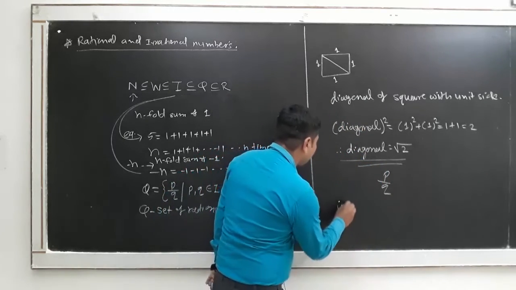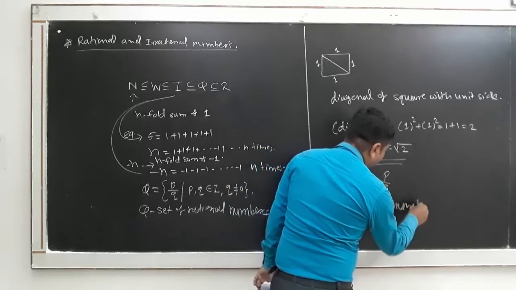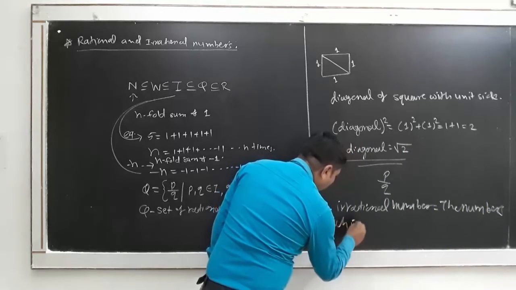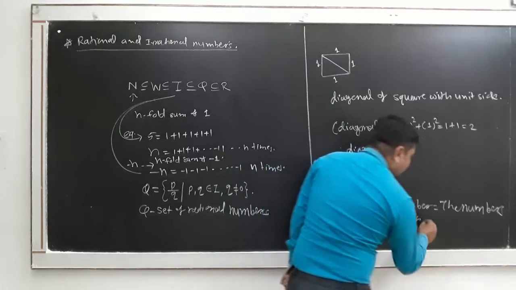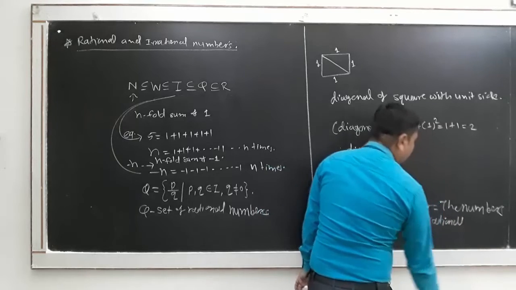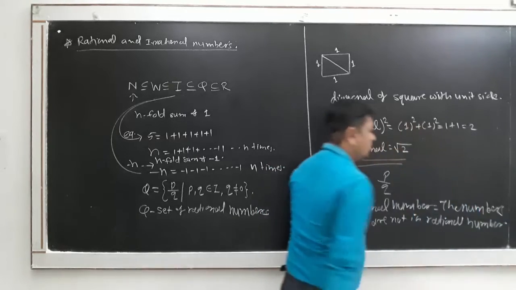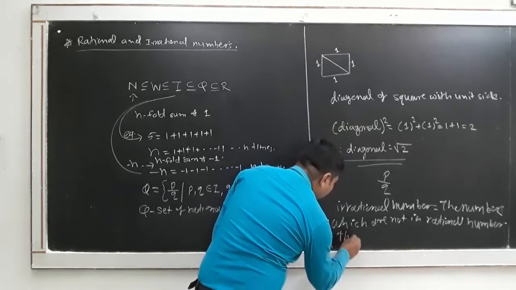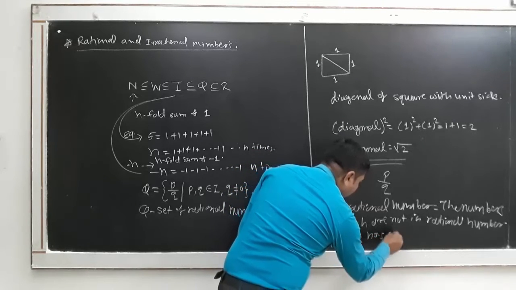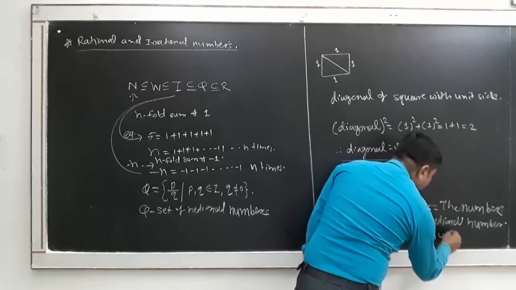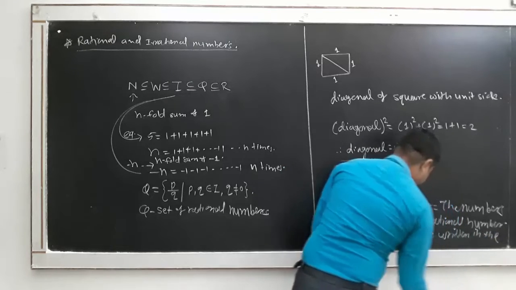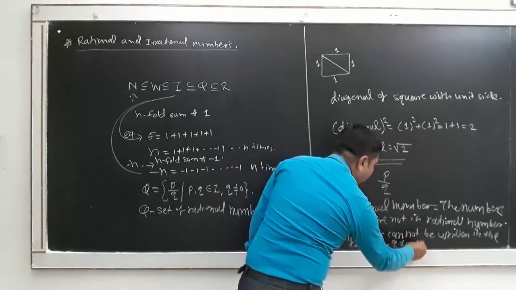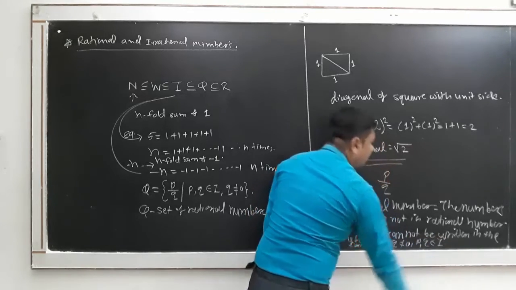So what are irrational numbers? Irrational numbers are the numbers which are not rational numbers, or we can say these numbers cannot be written in the form p by q, with q not equal to 0 and p and q belonging to the set of integers.